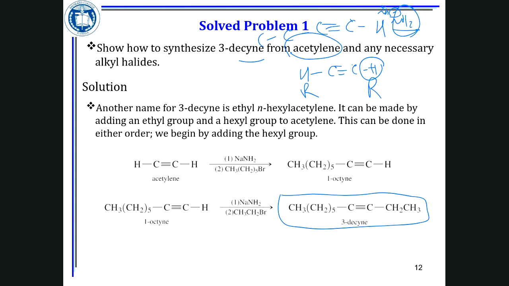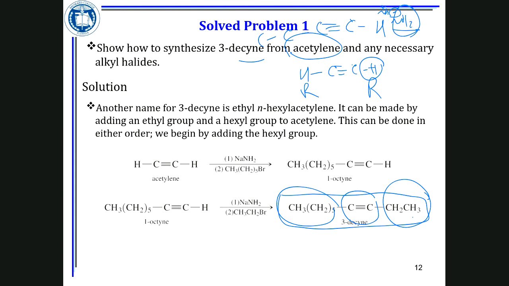That's your product, and then you do retrosynthesis. You say that we start with acetylene, so we have added one R group that has 2 carbons, and another R group that has 6 carbons. Then you know what to add in each step.